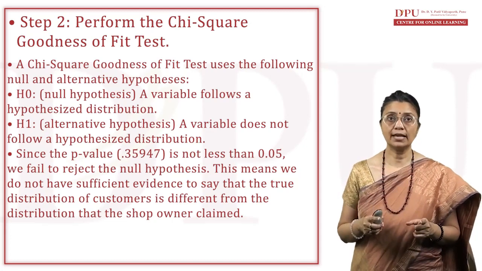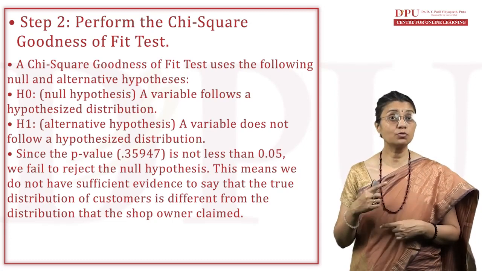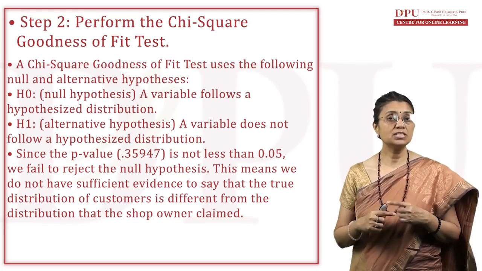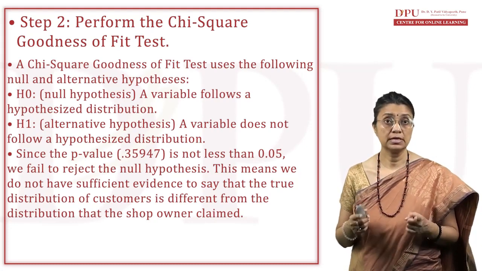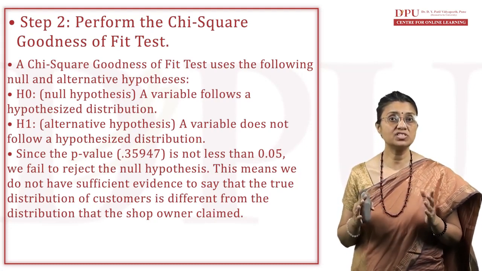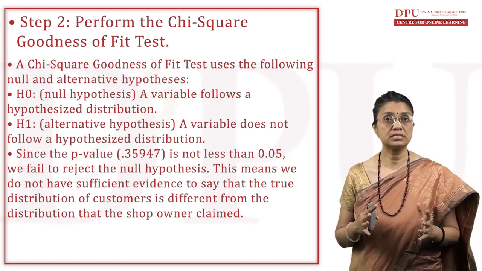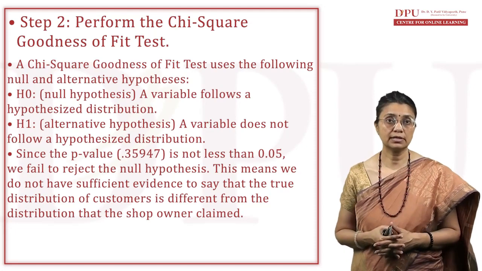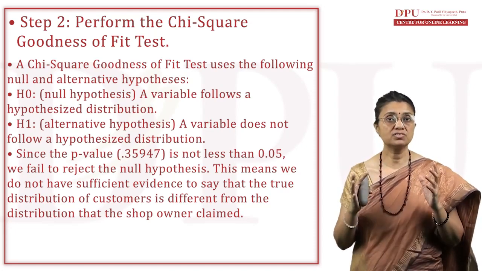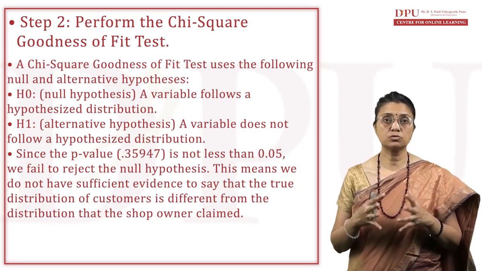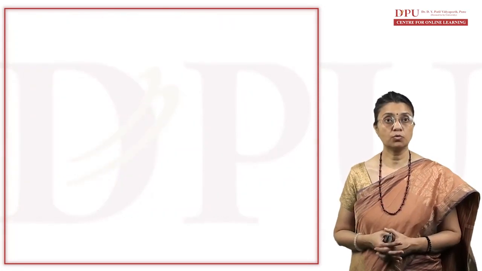So since the p-value, which is 0.35, is not less than 0.05, we fail to reject the null hypothesis, which means we accept the null hypothesis and we reject the alternative hypothesis. This means we do not have sufficient evidence to say that the true distribution of customers is different from the distribution that the shop owner claimed. So basically, we can say that we do not have sufficient evidence to say that the true distribution of customers is different from the distribution that the shop owner claimed.